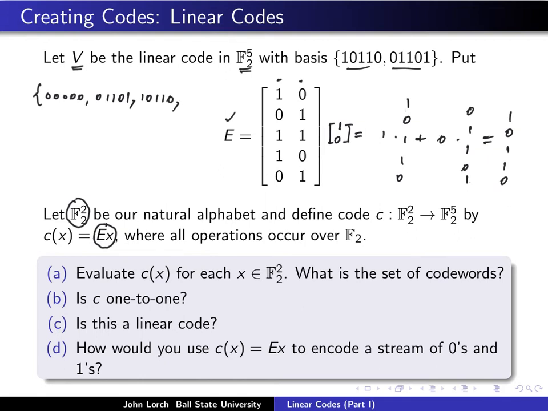And then finally, we multiply by the string 1, 1. So that would be 1 times the first column plus 1 times the second column. So that's just the sum of those two vectors, which would be 1, 1, 0, 1, 1.